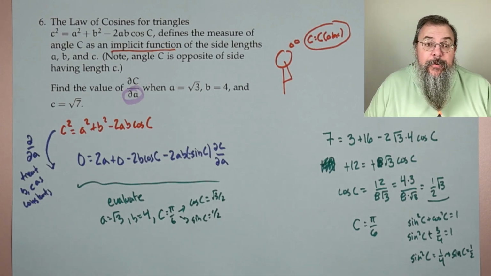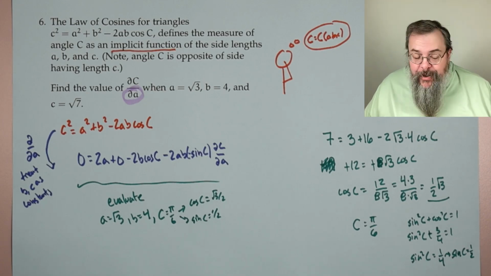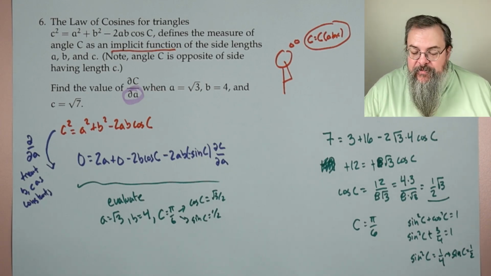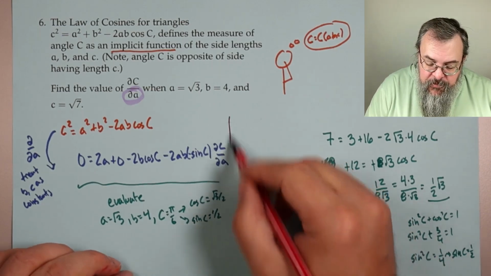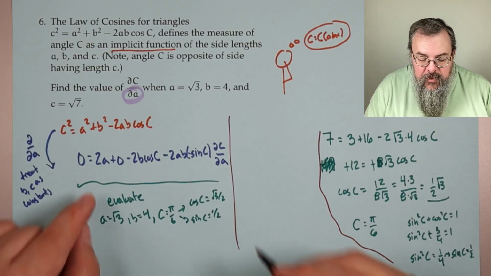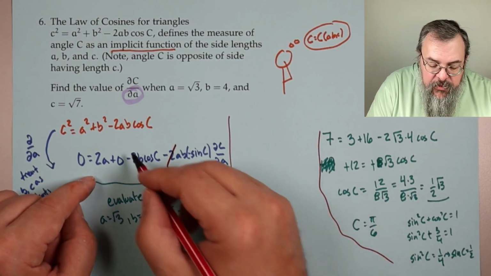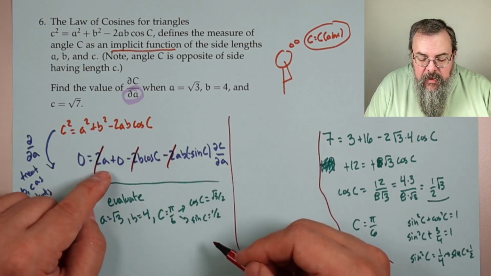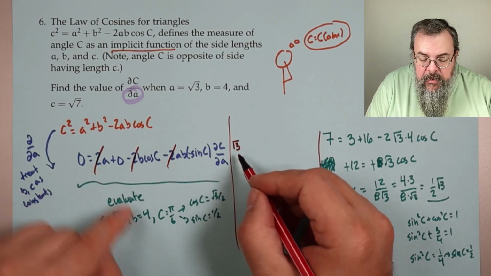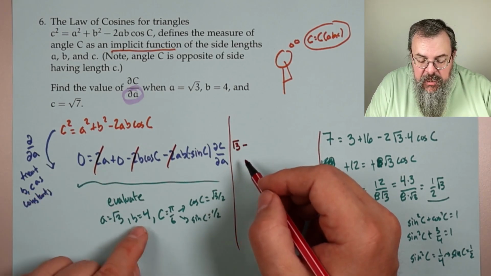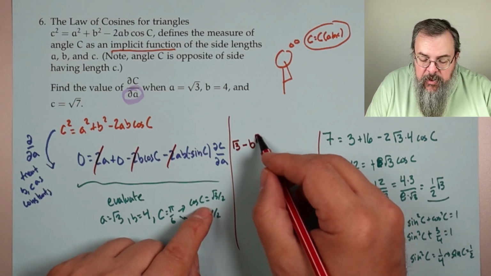And it looks like we're almost out of space, but the good news is we're almost out of problem, because we're very, very close to being done. We just need to plug everything in. Okay, so everything has a 2 in here, so let's go ahead and cancel the 2's. And so we have A square root of 3 minus B, which is 4, cosine of C, square.